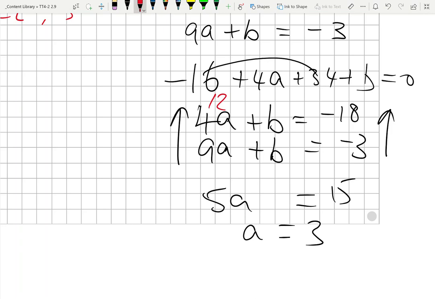Ooh, very negative B. I'm a bit surprised. Negative 30. Check with the other one. 9 threes is 27, negative 30. So I'm a bit suspicious. Probably true, but I'm going to go back and check that everything is okay.